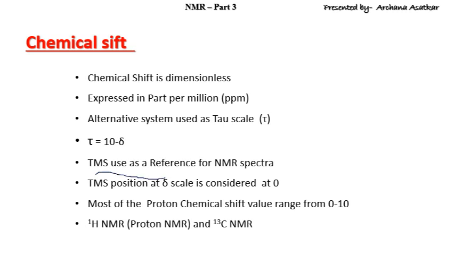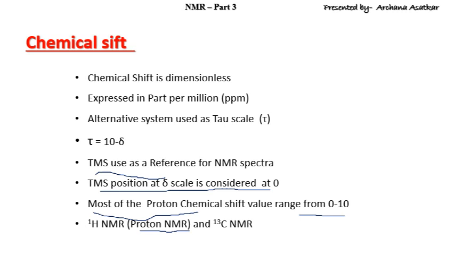for NMR spectra. The TMS position on the delta scale is considered at 0, and most protons' chemical shifts range from 0 to 10. For proton NMR, we will consider this term proton NMR or PMR or HNMR.